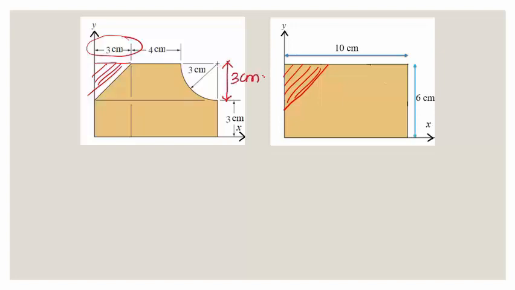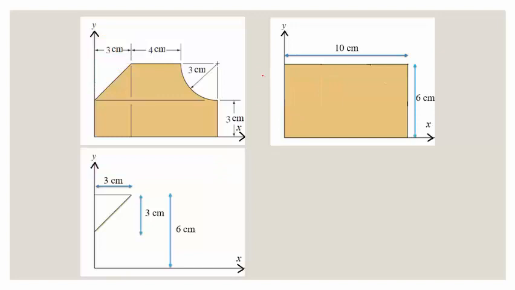So this is the second section we are going to consider for locating the centroid of the given composite lamina. So from the considered rectangular portion, this triangular portion has to be subtracted.